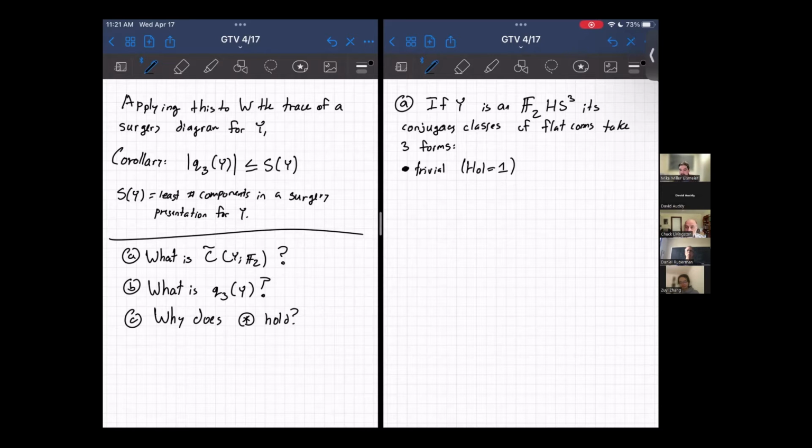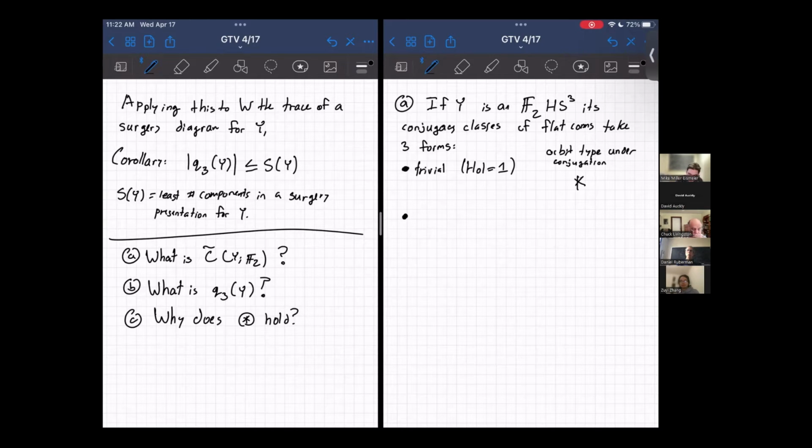There's the trivial connection with trivial holonomy. And because I'm going to be working in a bit SO3 equivariantly, I should say that SO3 is coming from the conjugation action on the representation variety, if you like, or the conjugation action on the framed representation variety. The orbit type of the trivial connection under conjugation is just a point.